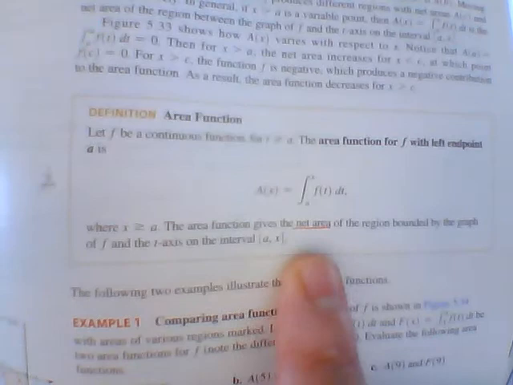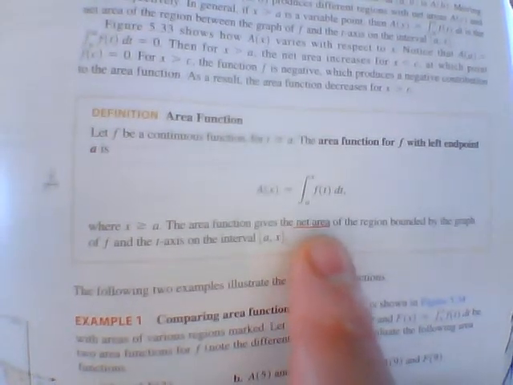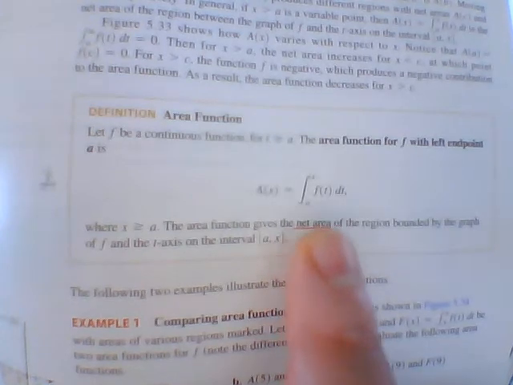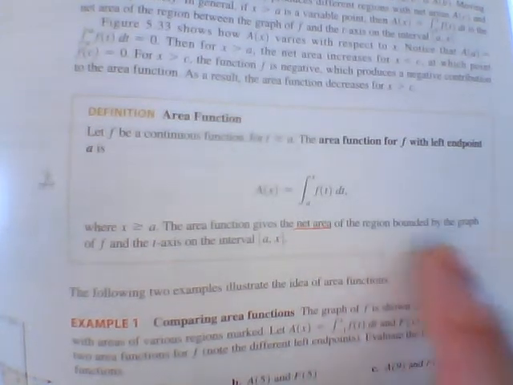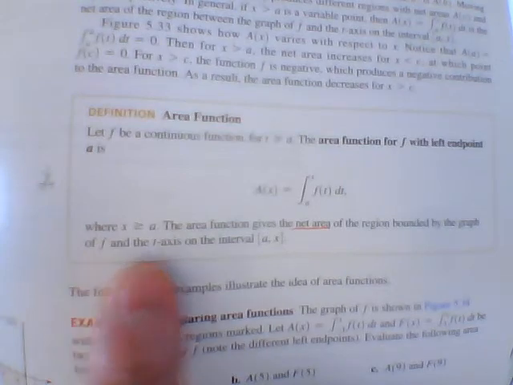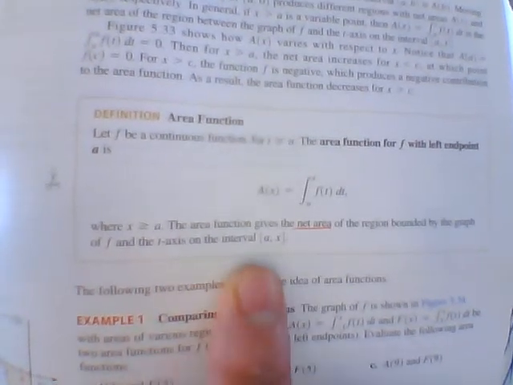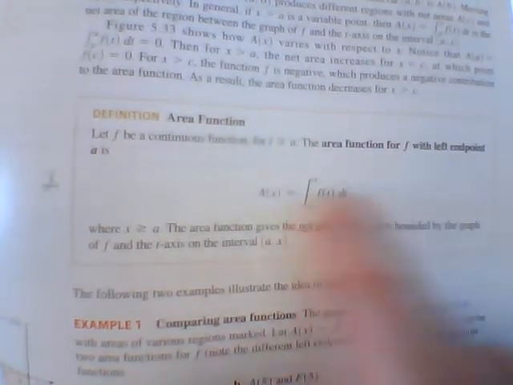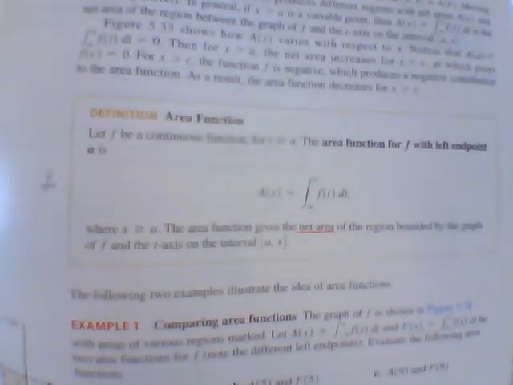The area function is the net area. Net area. It's underlined right here. Stress that: not total area, net area of the region bounded by the graph of f and the t-axis. Because x is our input variable in here, that's why we aren't using x as our variable of integration.